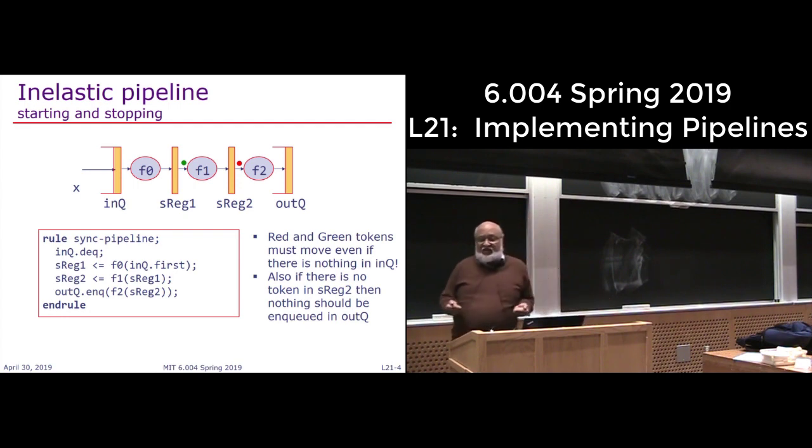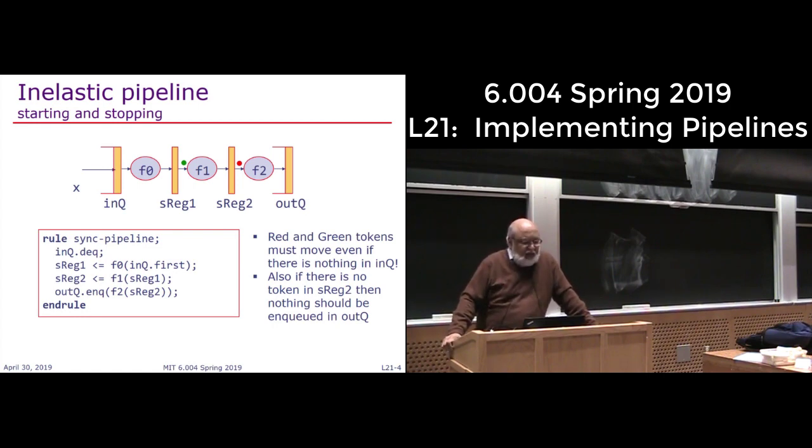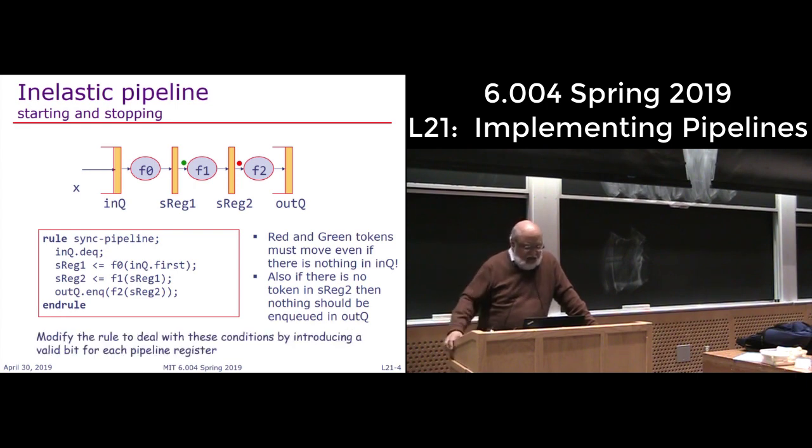So in other words, to have proper control, you must deal with the fact that this pipeline will sometimes start and sometimes stop, or may have gaps in inputs. You may not get one input every cycle or something like that. So that's a much more realistic view of the world. And the question is, can we modify this rule to deal with all these things?